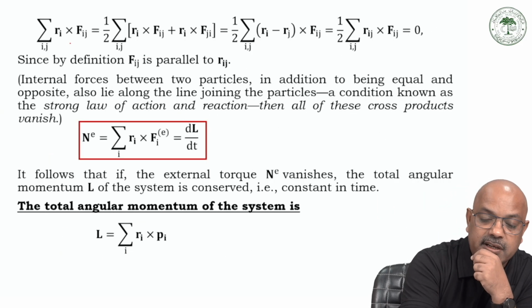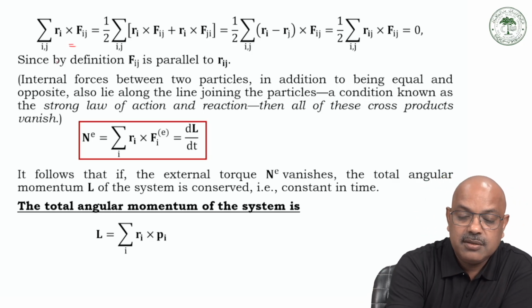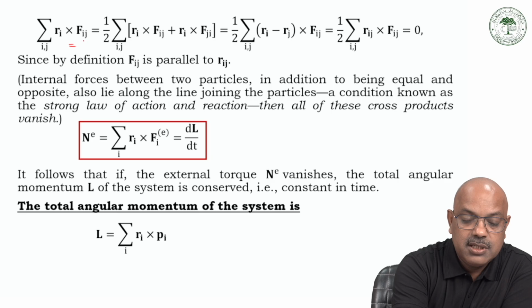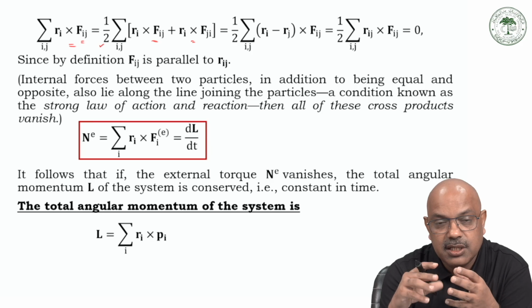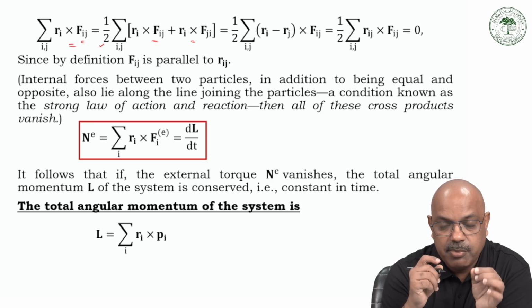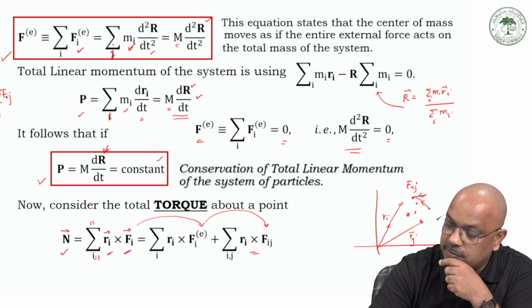This R_i F_ij part I can write as half times this plus this, because there's a double counting. One particle is applying a force on another particle.